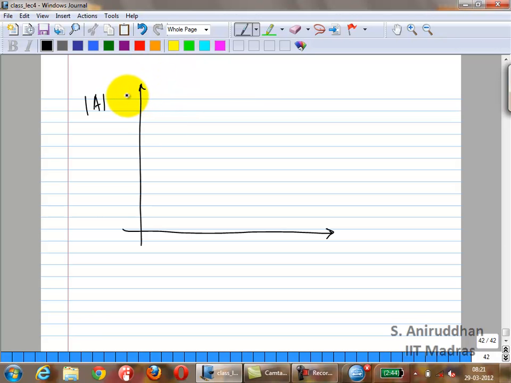So this is GM1 over SC. Now once you multiply it with this, what is going to happen?